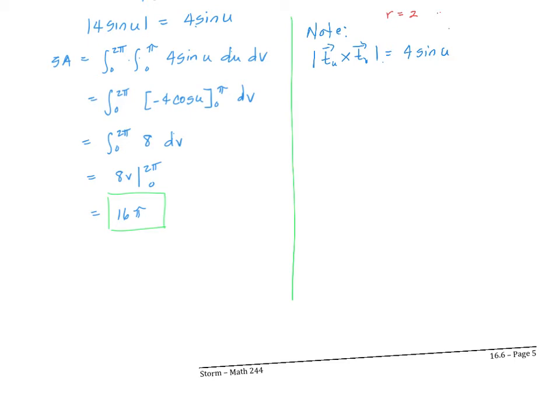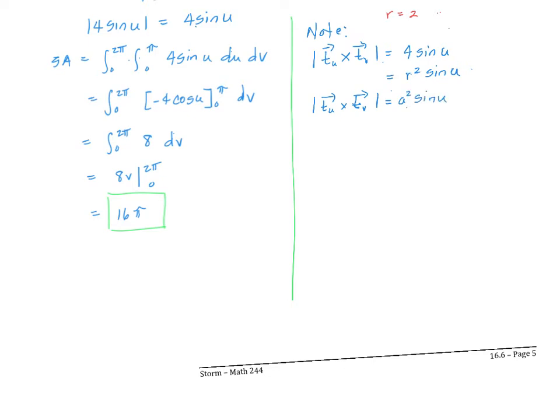So this is the same as r squared sine of u. So in general, for any sphere centered at the origin with r equal to some a value, we could write the magnitude of these two tangent vectors as, a is my radius, a squared sine u.